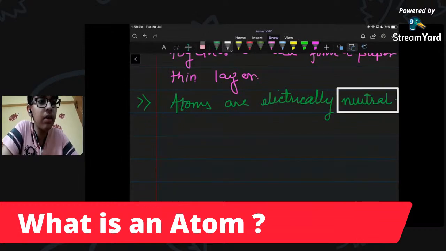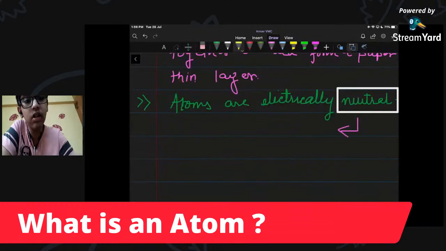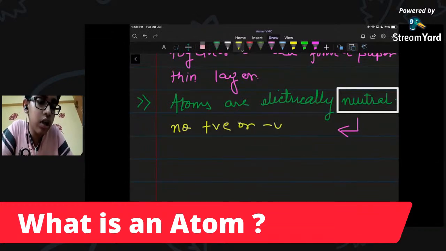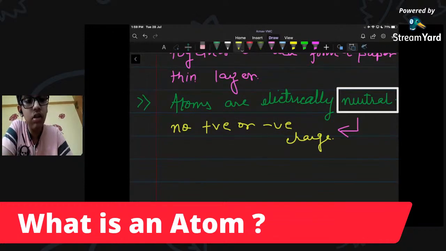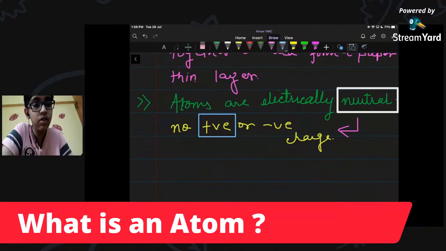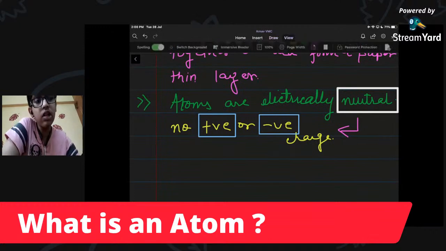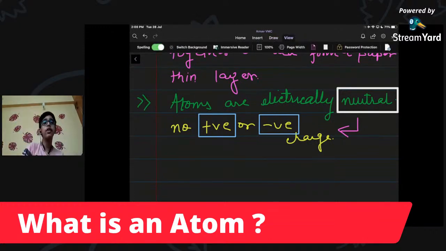This means that there is no positive charge as well as no negative charge. I will write it: no positive or negative charge. It's very important. No positive charge, no negative charge. You have to remember this.